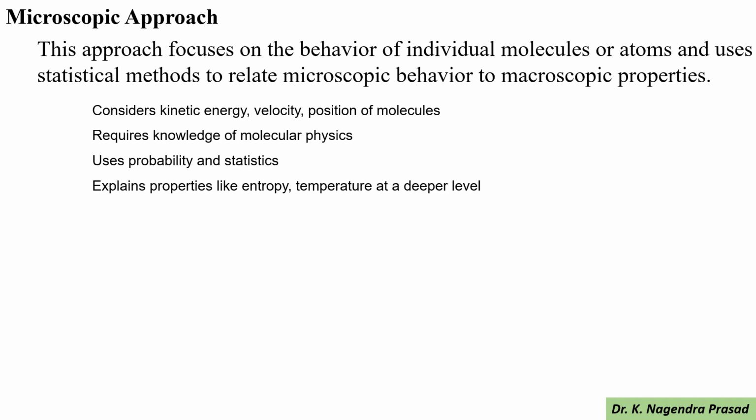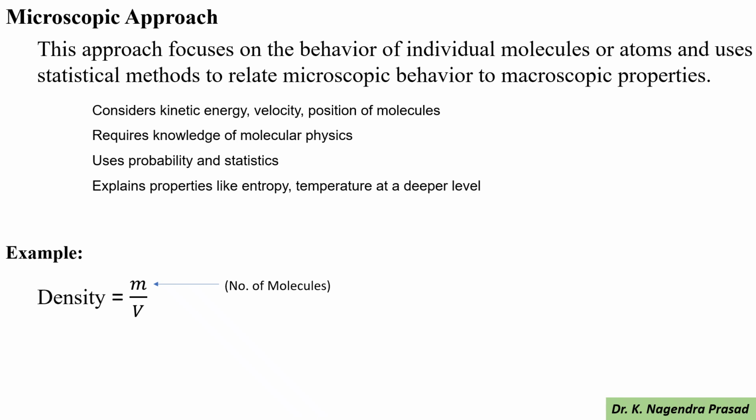It considers the kinetic energy, velocity and position of the molecules, and for this one requires knowledge of molecular physics. It uses probability and statistics and explains properties like entropy and temperature at a deeper level.